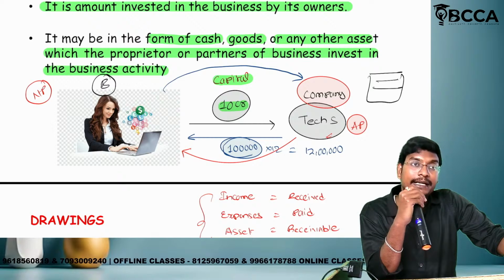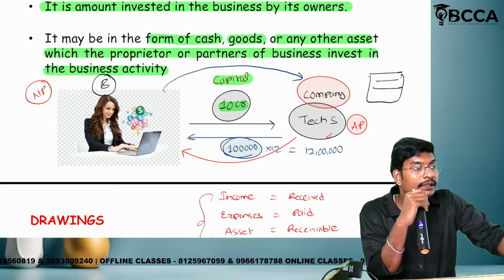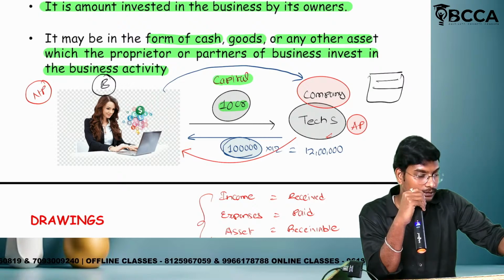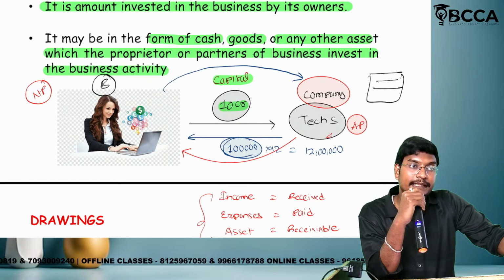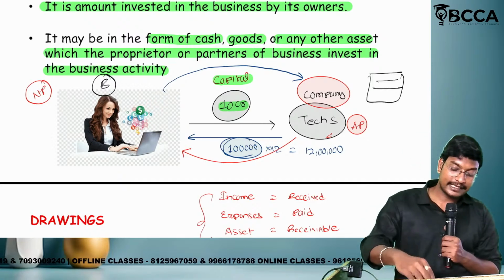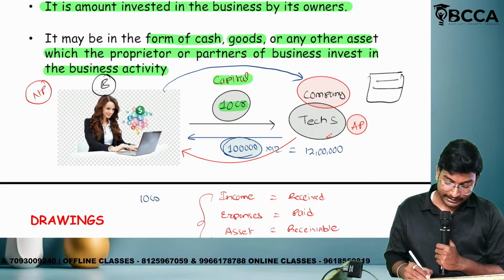But in the accounting treatment, drawings will be reduced from the capital. How? At the initial stage, the owner has invested how much amount? 10 crores. But she has taken how much? 12 lakhs. So 10 crore minus 12 lakhs.